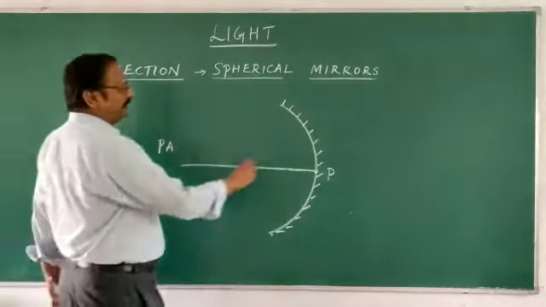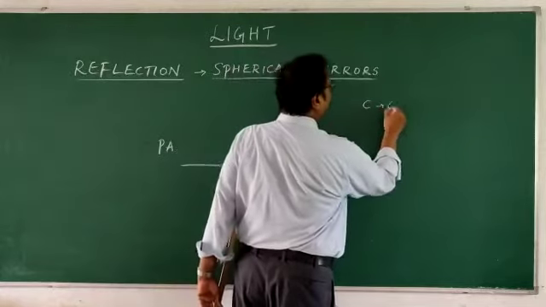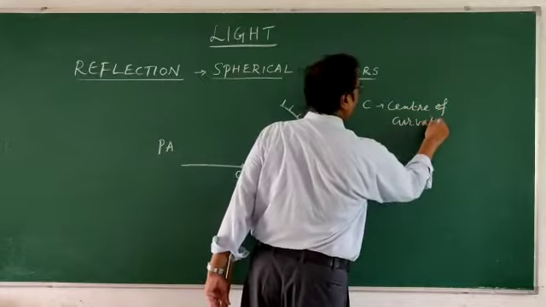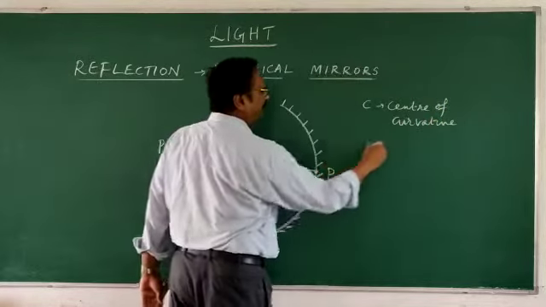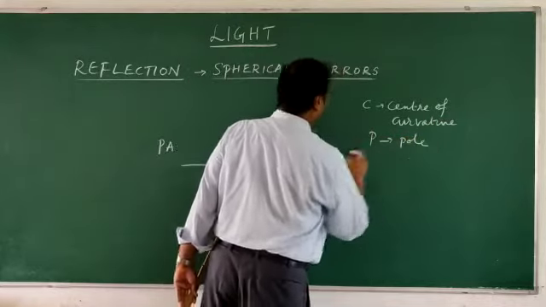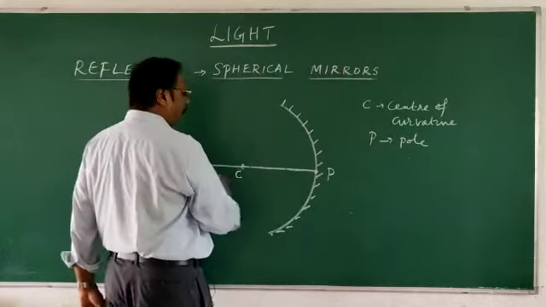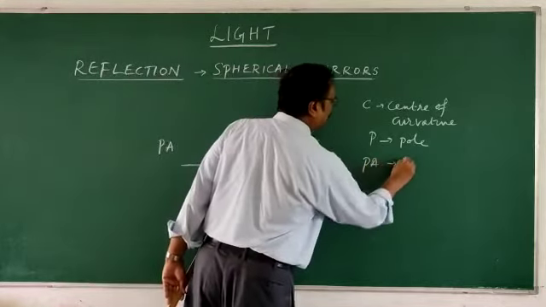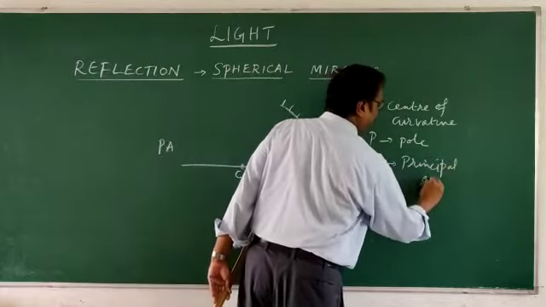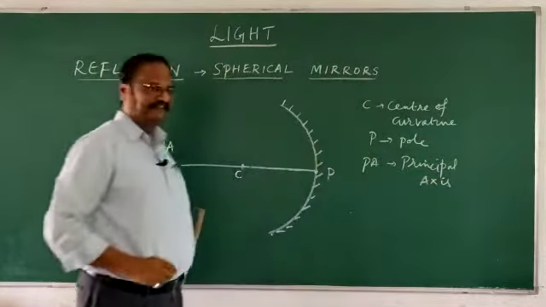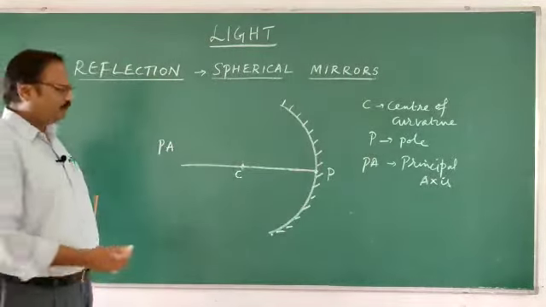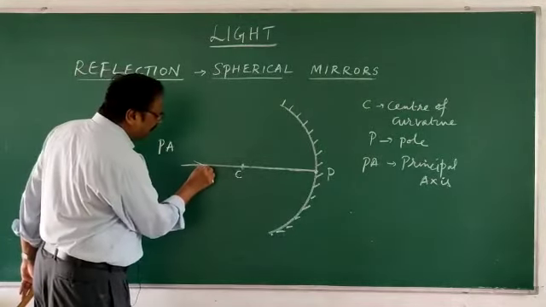Now again I write the terms here. C is the center of curvature, and P is the middle point of the mirror, the pole. And the line PC is called the principal axis, the main axis. What will happen to a ray of light incident like this?